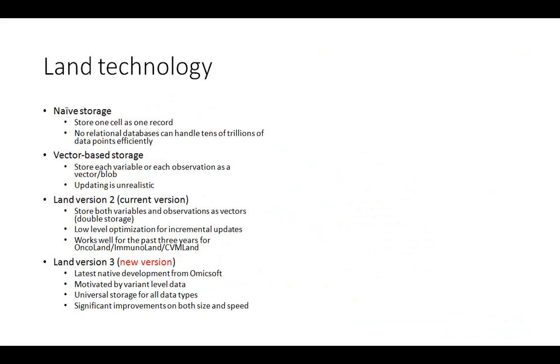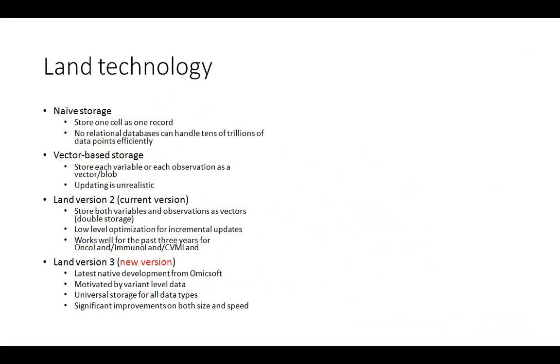When computer scientists think about this problem, the first idea is to store every single cell as a record and turn this huge matrix into a relational database. I would say no relational database can easily handle, or maybe even theoretically handle, tens of trillions of data points, not to mention efficiency. So that one was basically out.